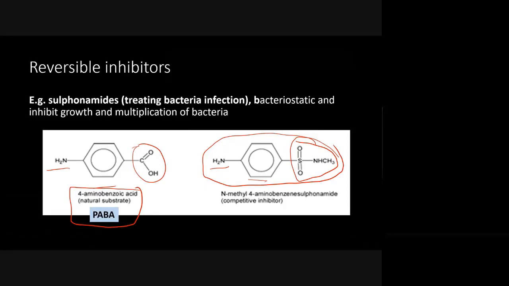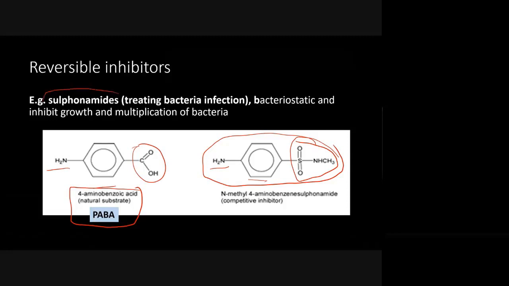So you can cheat the enzyme into thinking that it's binding to the correct substrate. Once the binding happens, it blocks the enzyme from the actual correct substrate that the reaction has to occur with. So you can stop the enzyme from functioning. That is how your antibacterial could work.